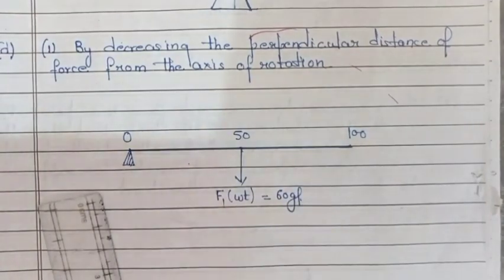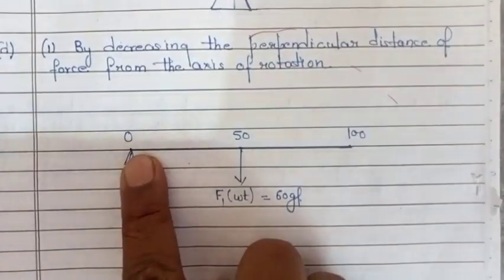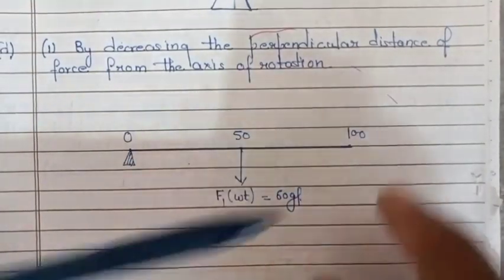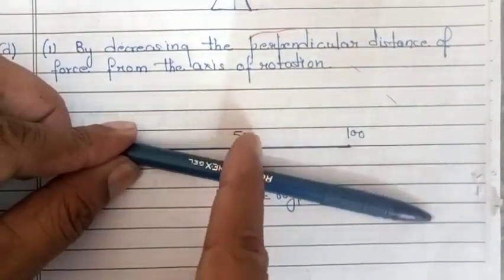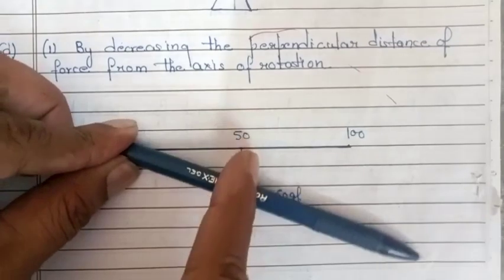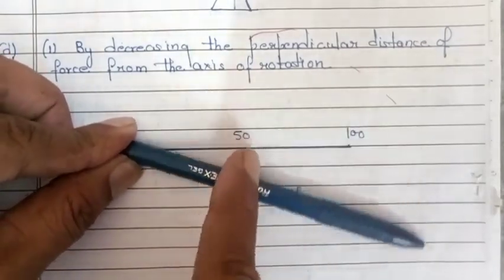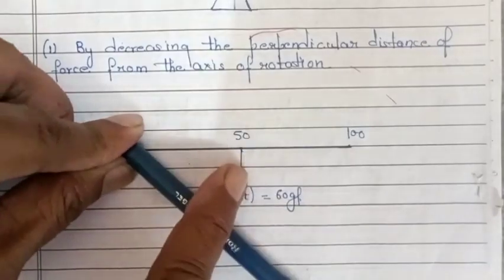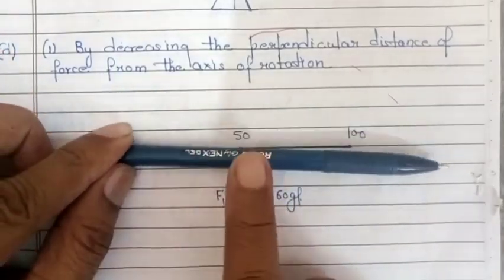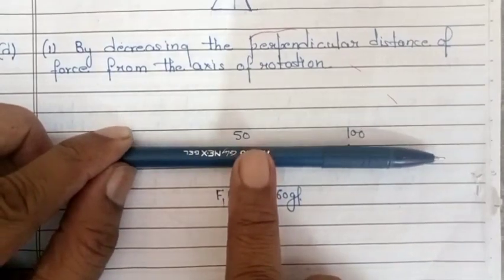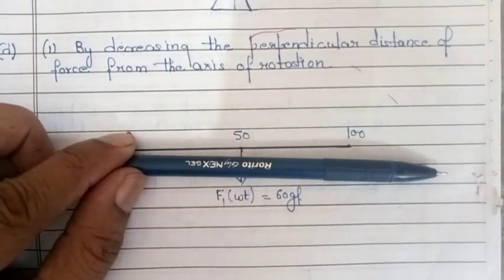Now you can see the diagram shows that this scale is pivoted here. Force is acting in the downward direction like this. So this scale will bend like this. It will rotate like this, means it will be getting the clockwise movement. Now, if you have to keep this rule in equilibrium with the least force, now listen to this statement.